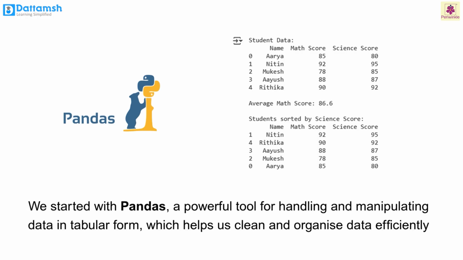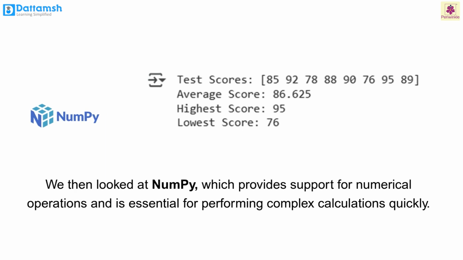We started with Pandas, a powerful tool for handling and manipulating data in tabular form, which helps us clean and organize data efficiently. We then looked at NumPy, which provides support for numerical operations and is essential for performing complex calculations quickly.